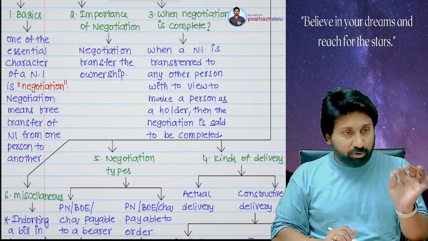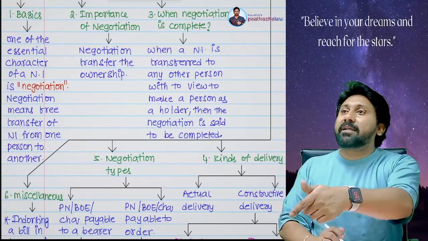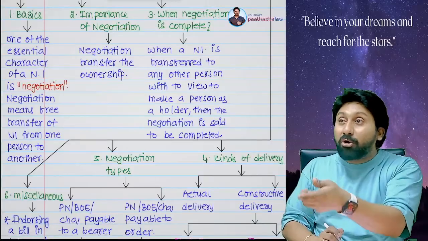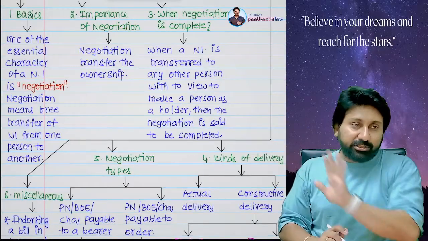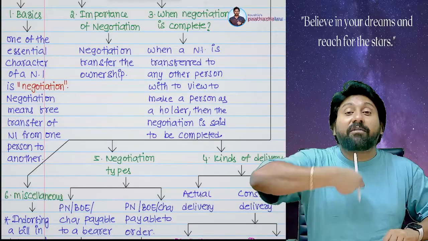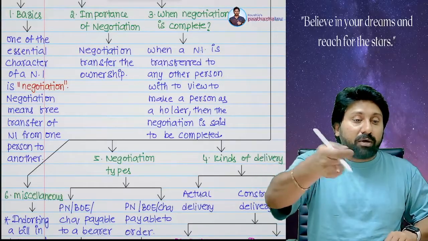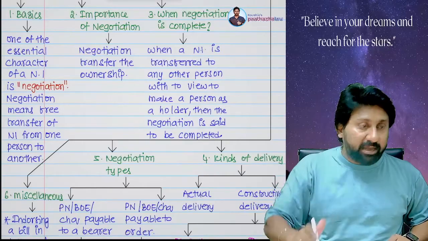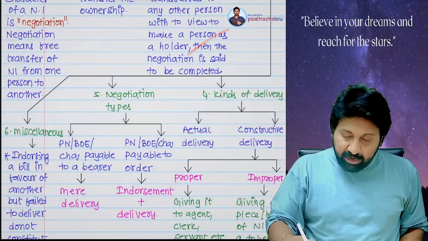That's called negotiation. If a person steals your cheque, you have no intention to deliver it to him, so negotiation is not completed. Negotiation is completed only if you hand over the document to another person with an intention to make him a holder.